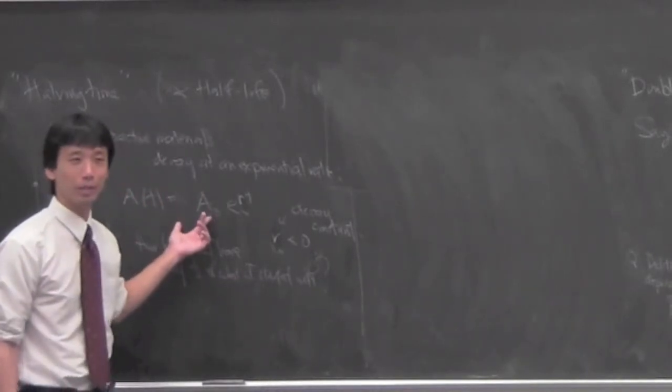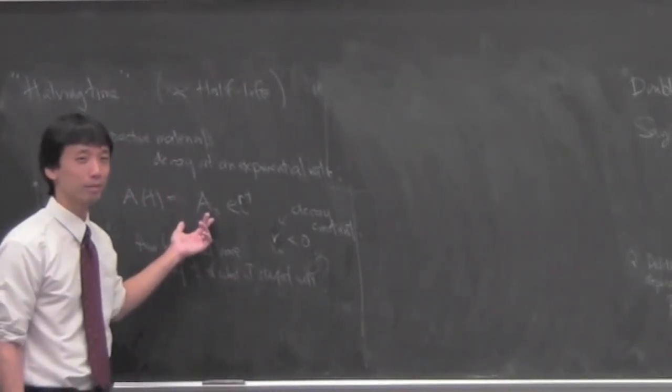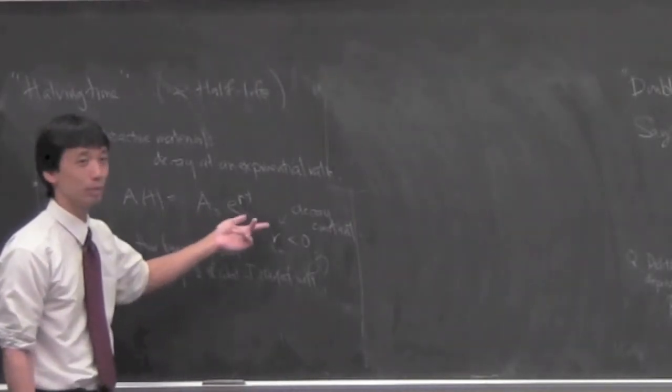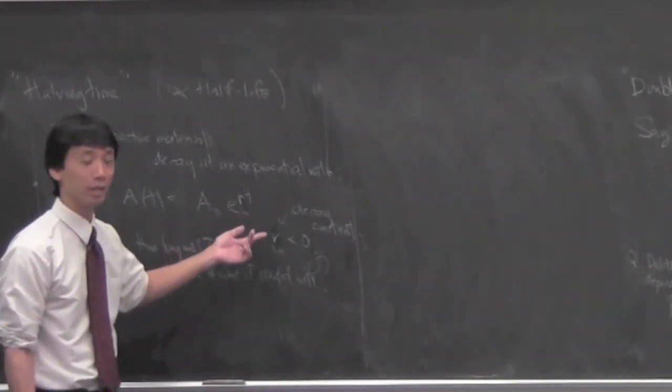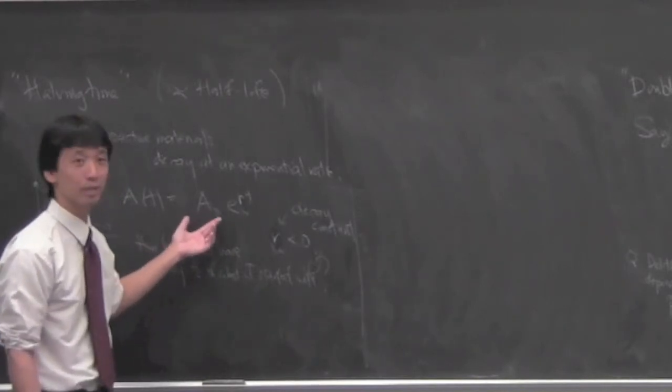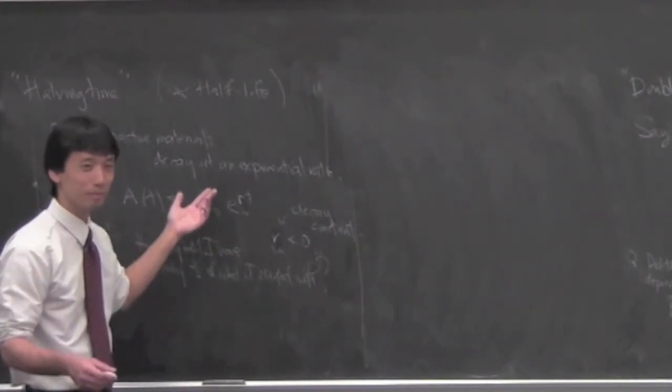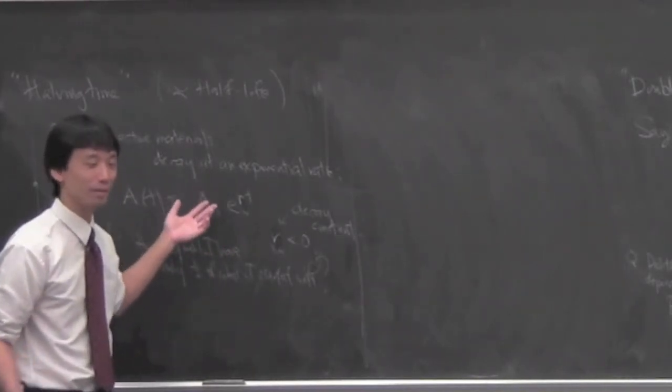Okay, so what do you think we're going to do to figure out how long until half of it is gone? To figure out the half-life? The same thing, right?